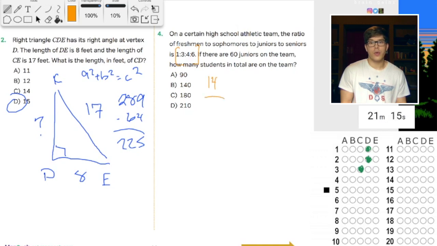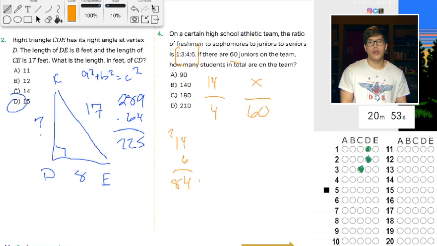And we're told there's 60 juniors, so out of 14 of our total, 4, so this is how we're setting up our proportion. 14 is to total, x is our total, 4 is our juniors, 60 is our juniors. So now we just cross multiply and solve. 14 times 60, 6 times 4 is 24.